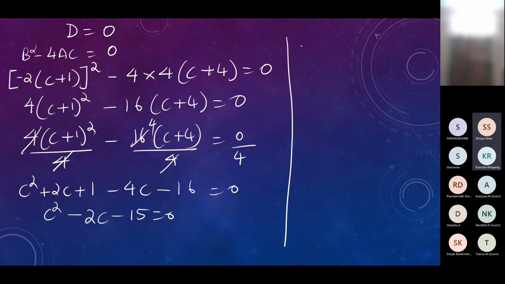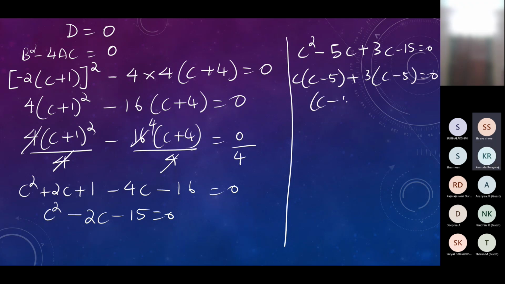And split the middle term: minus 5c plus 3c minus 15 is equal to 0. So c into (c minus 5) plus 3 into (c minus 5) is equal to 0. So (c minus 5) into (c plus 3) is equal to 0. So c is equal to 5 or c is equal to minus 3.